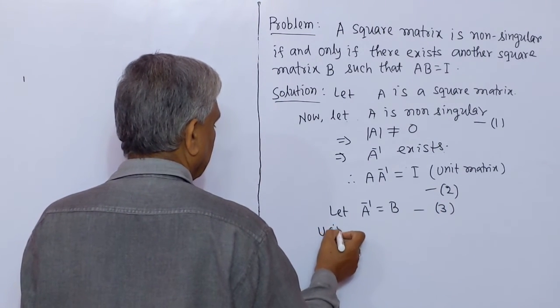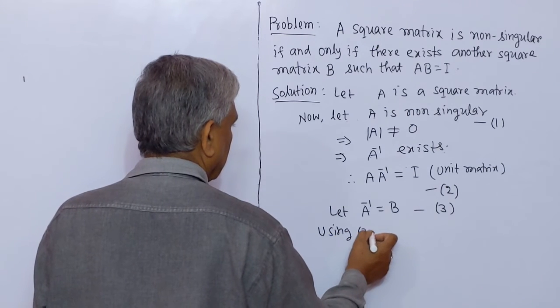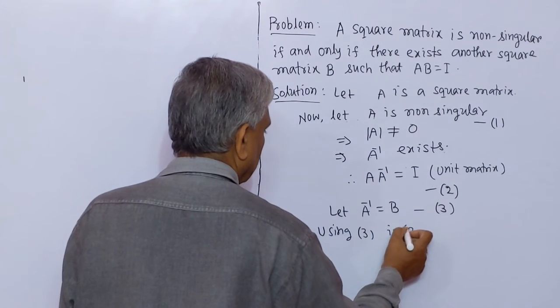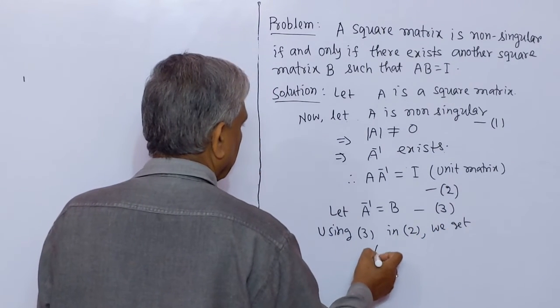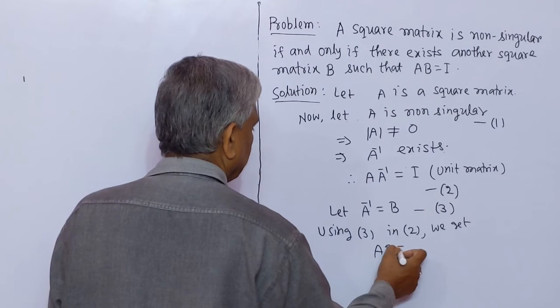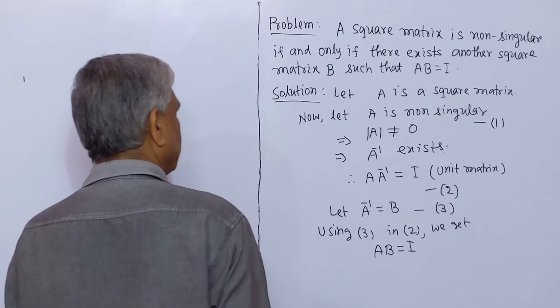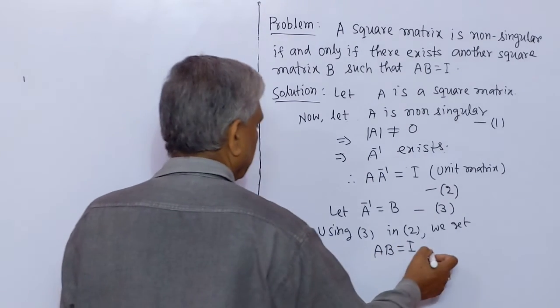Using theory, into we get AB equal to unit matrix or identity matrix. Proved.